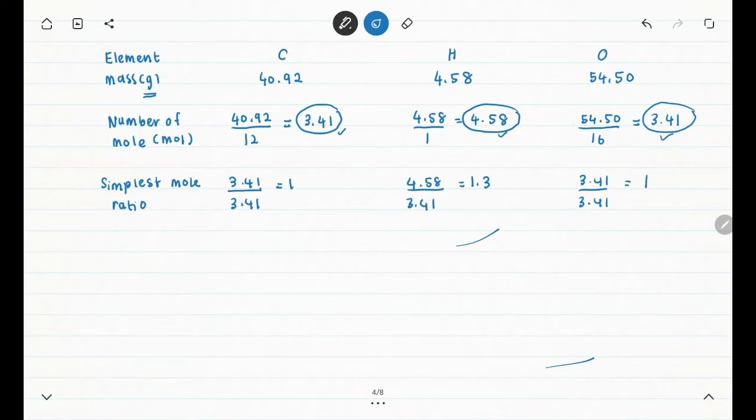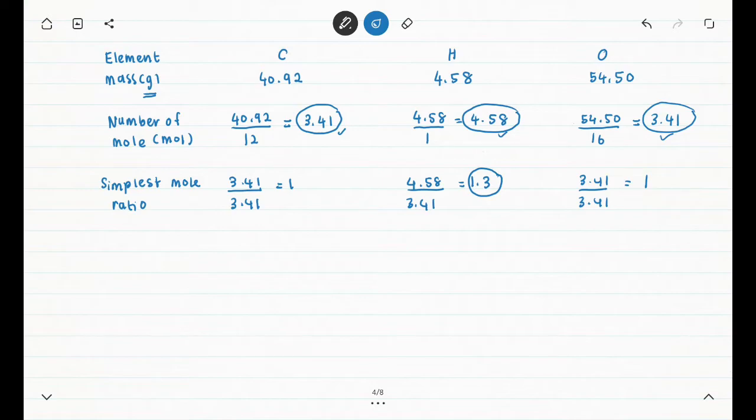So can we round off the mole ratio 1.3? We cannot round off 1.3. So we need to multiply the mole ratio with an integer that gives a value that can be rounded off.